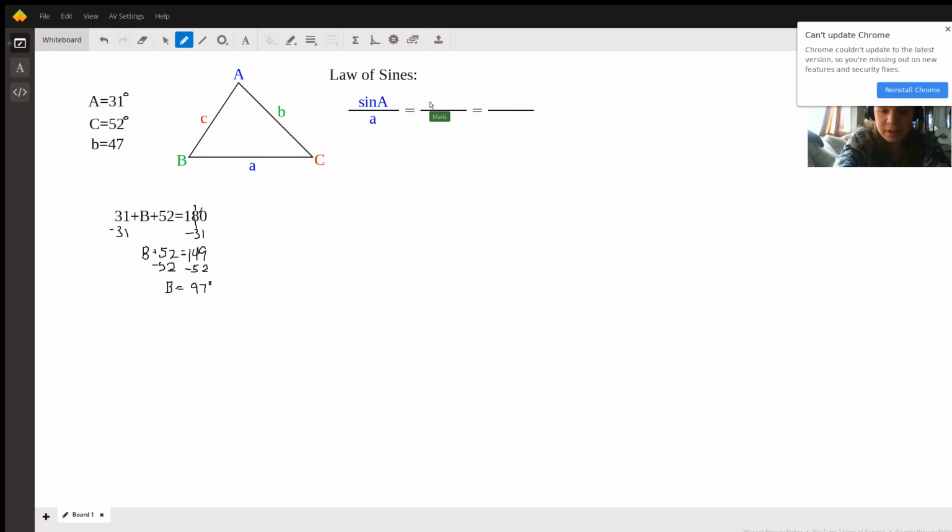That would equal the sine of B over side length B. And then that equals the sine of C over c.